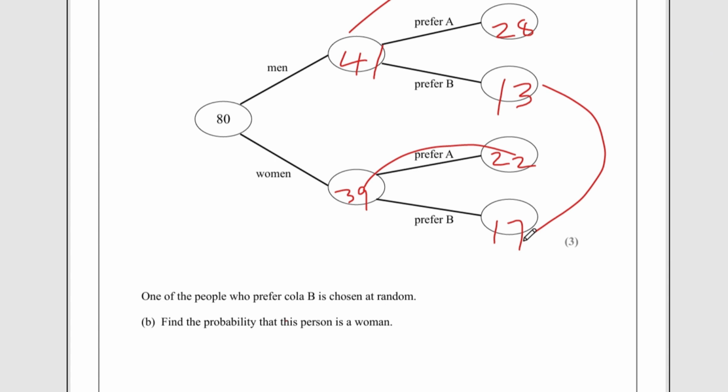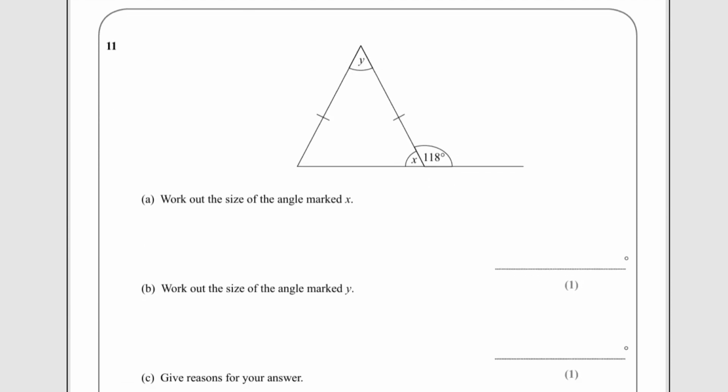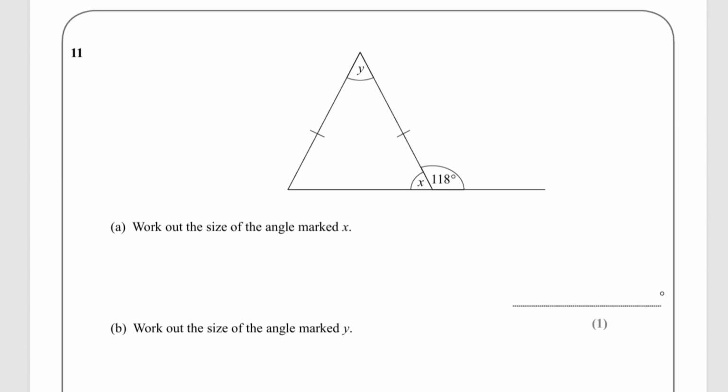That's 13 plus 17, which is 30. Now, the women are 17. So what's the probability? 17 out of the total that prefer B. So, 17 over 30. All right, that is that. We go to the next one.